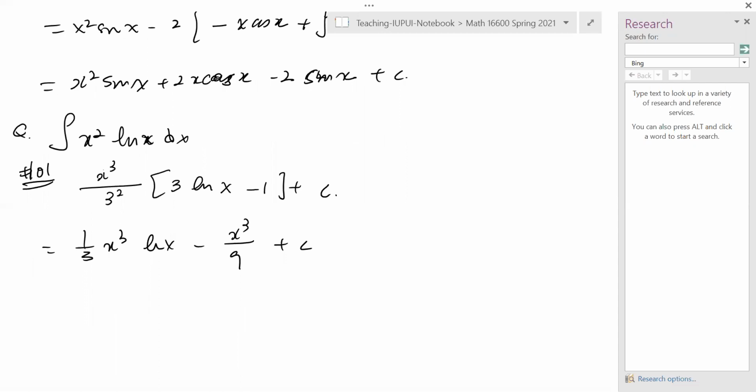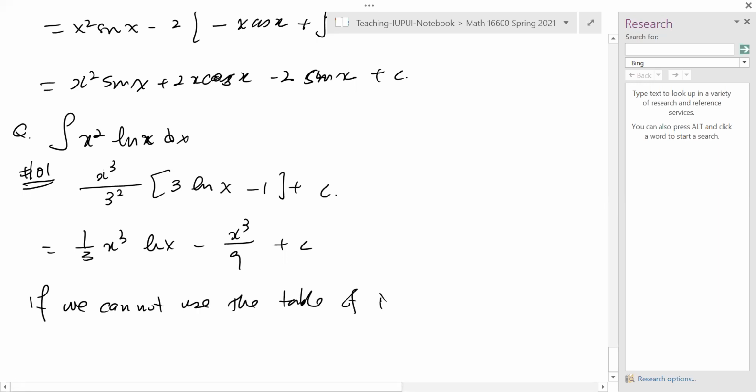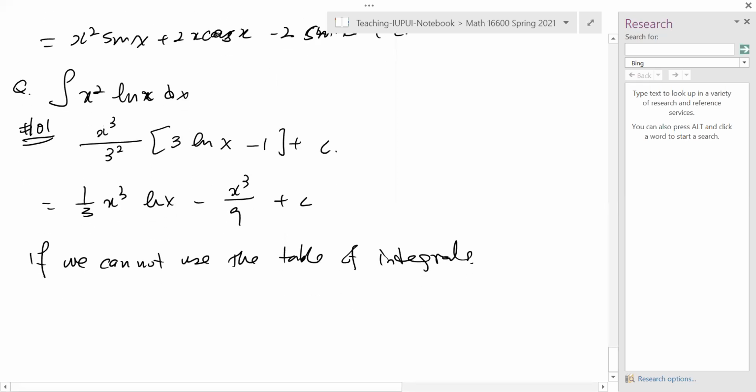Now, if we cannot use a table of integrals, what are you going to do? Well, you have to get rid of the natural log of x, right?